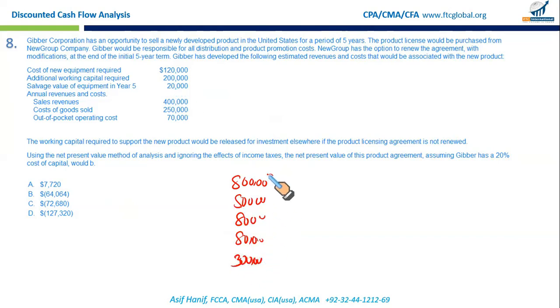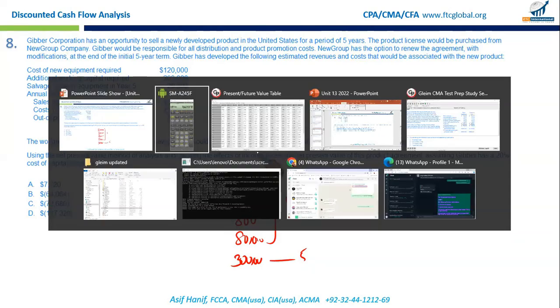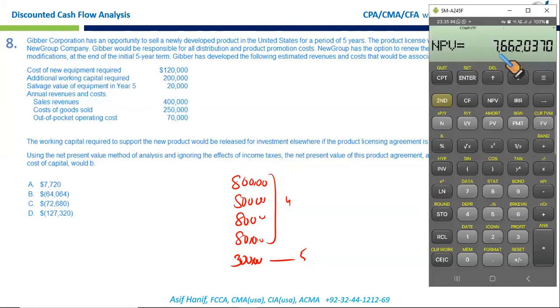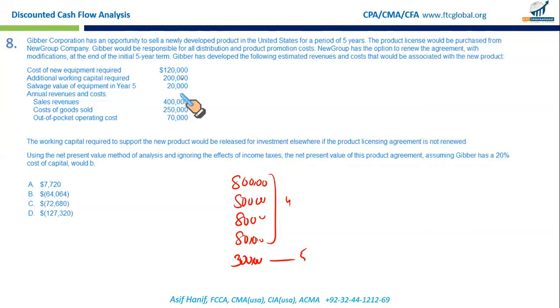This is the right thing. So take these as 4, and this is a single cash flow for the 5th year, and then you'll be able to do it. Right? So yes, you can see 7662 and 7720, they're quite close. So this is a more accurate number, and this disposal amount has to be taken. It's in the cash form, salvage value of equipment in 5 years. You will receive this, and this will become a part of your inflow.